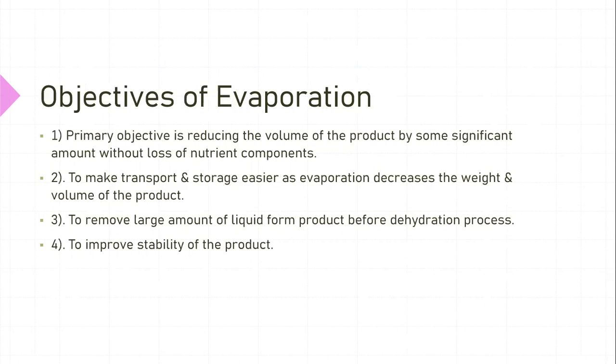It also makes transport and storage easier, as evaporation decreases the weight and volume of the product. It removes a large amount of liquid from the product before the dehydration process, and improves the stability of the product.